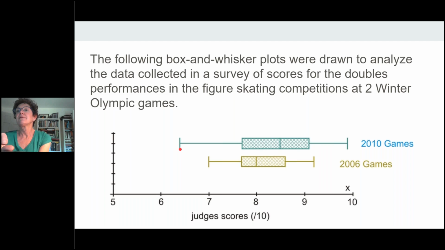Which one has the greater score? If we go over here, without even looking at the numbers, we can see that this is spread out farther. So that in 2010, someone had a very high score over here. What about the median? Again, this median for 2010 is farther to the right, so that's greater than the median for 2006.